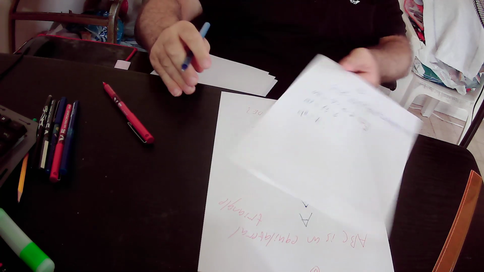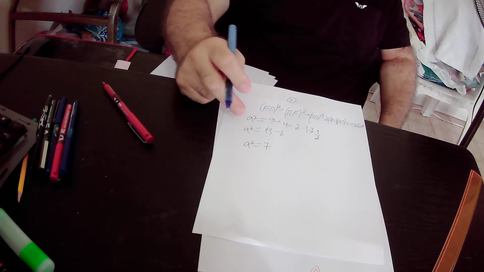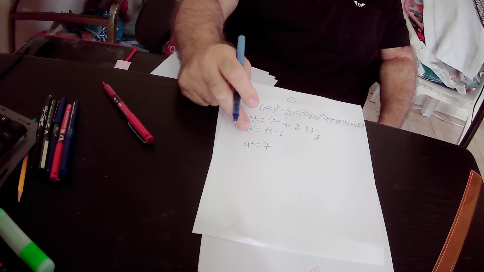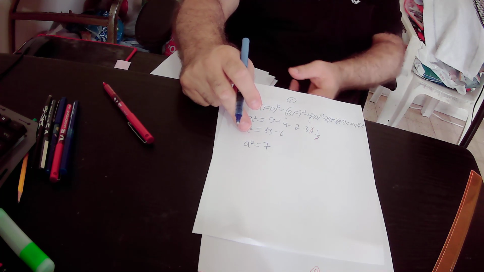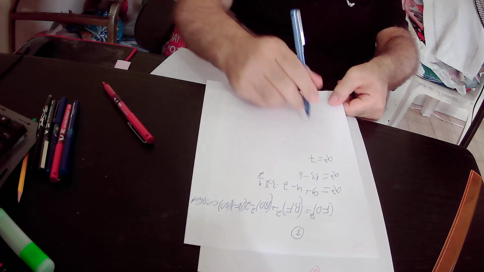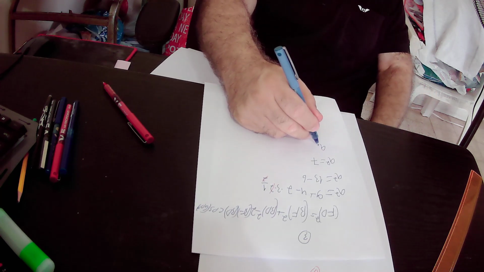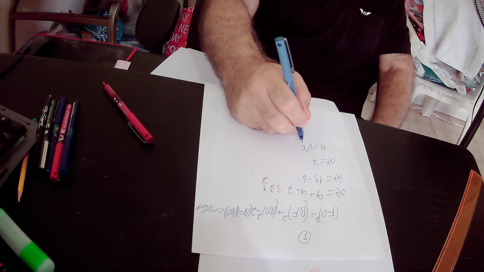Okay, we got that A square equals 7. Now we'll take a root out of this equality and we will get that A equals the root of 7 units. A equals the root of 7 units.